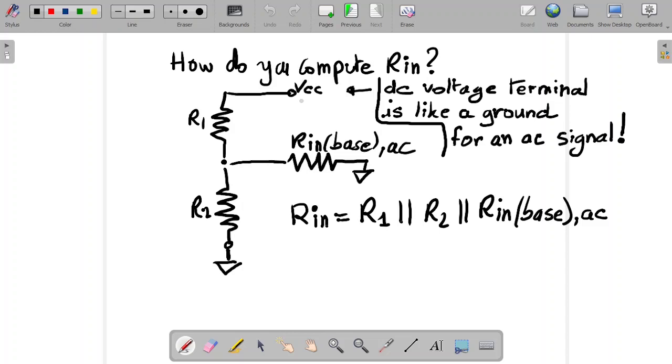So now it's pretty obvious that you can redraw this thing as this.